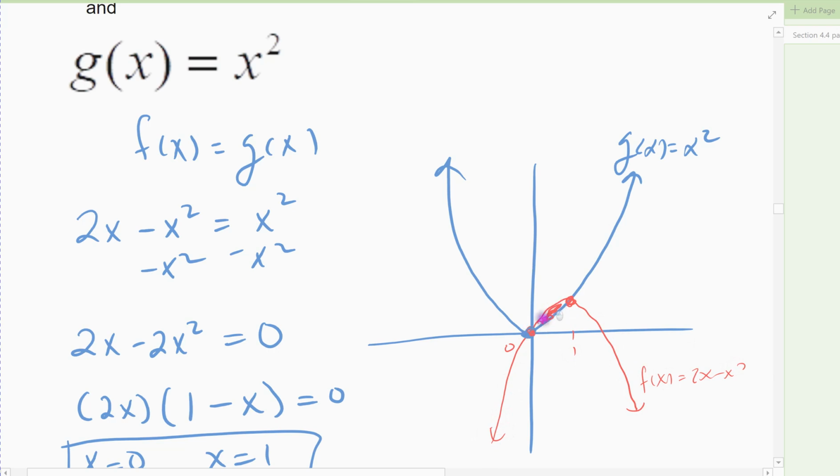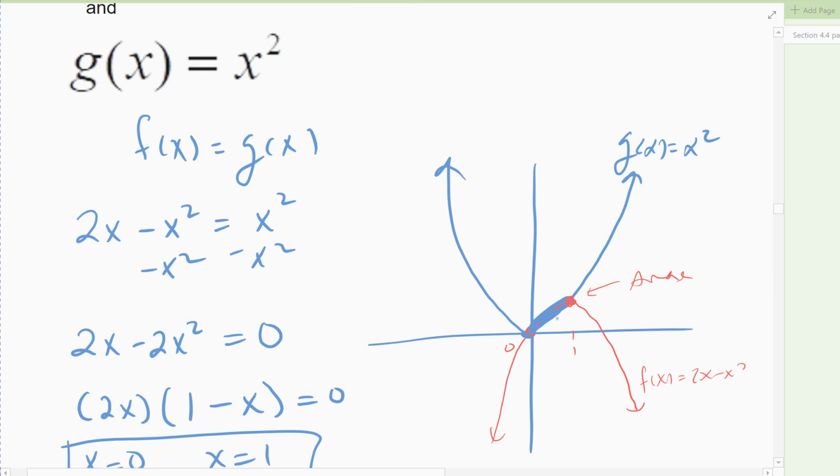This is the little bit of area I want to find. It's completely enclosed by, surrounded by both functions. The area starts at 0 and stops at 1, where they're equal. The area between the two curves that I'm interested in is between 0 and 1.